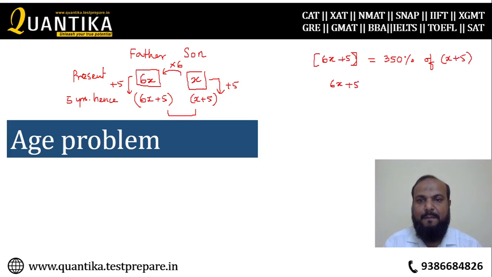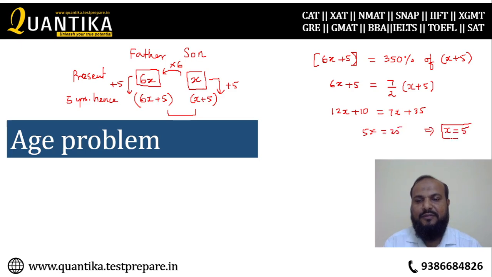Let's see. 350% means 350 by 100, which is 7 by 2. I have taken random values. 12x plus 10 equals 7x plus 35. So 5x is equal to 25. So x, the son, is 5 years.